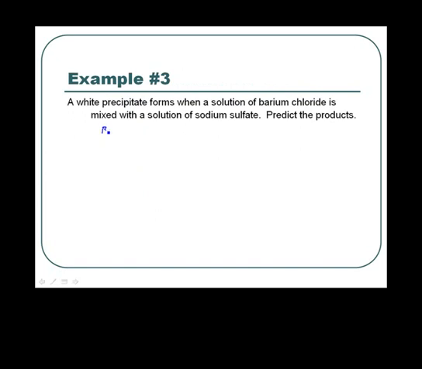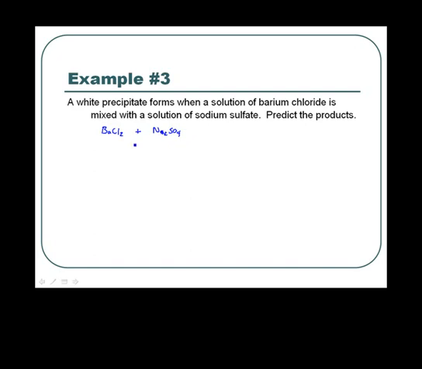So barium chloride would be BaCl2 because barium forms a 2+ ion, chlorine forms a 1- ion, plus sodium sulfate. We're going to get Na2SO4. Again, sodium forms a 1+ ion, sulfate is a 2- ion, so that would be the balanced chemical formula for that.